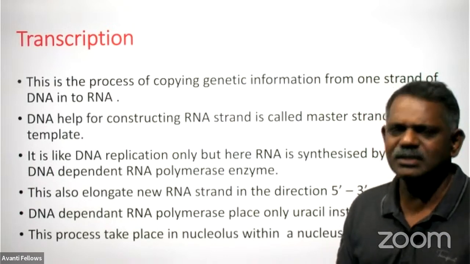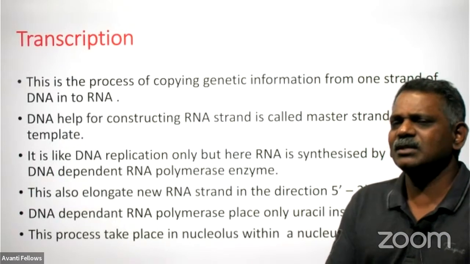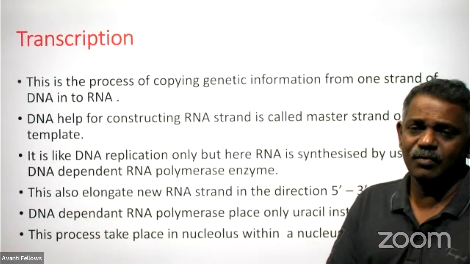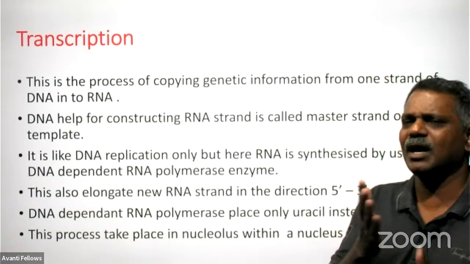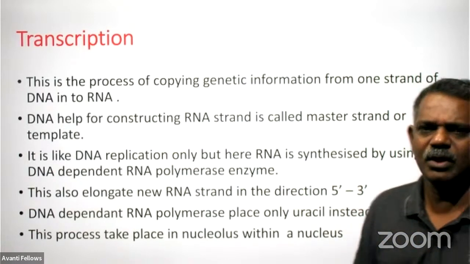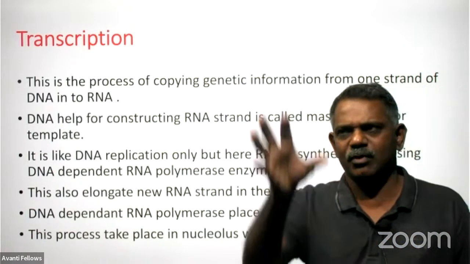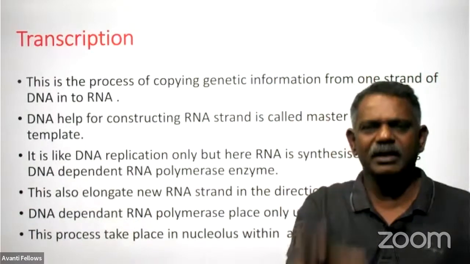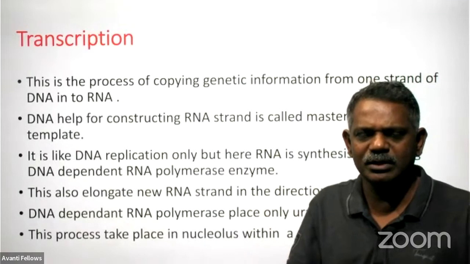So tell me, what is transcription? It is the process to produce RNA from the DNA. What is the need to produce RNA from the DNA? Because all the information required for synthesizing a particular protein is already there in the DNA in the form of nitrogenous base pairs.